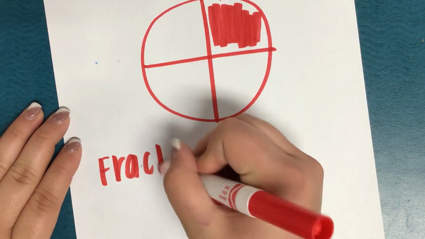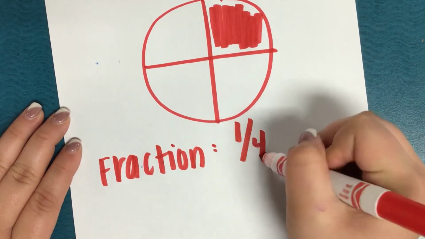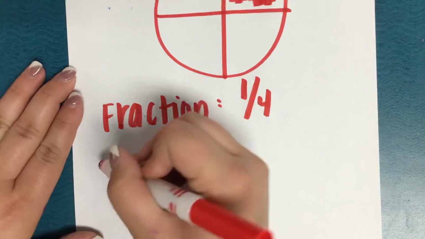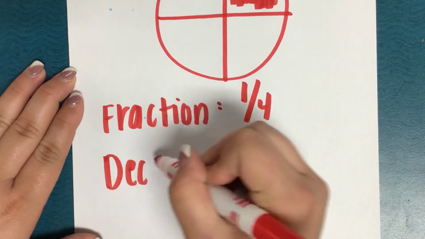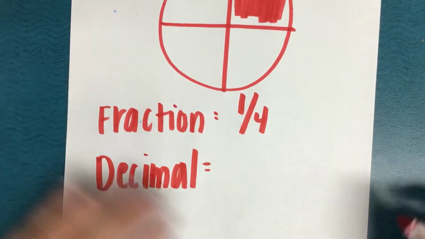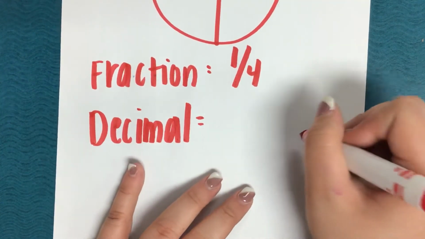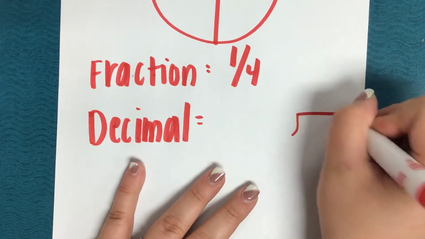You can count and see that there's only 1/4 remaining, okay? And then there's the decimal. If I want to find the decimal, I'm going to use what Miss Wells just taught me. I'm going to divide the numerator by the denominator.